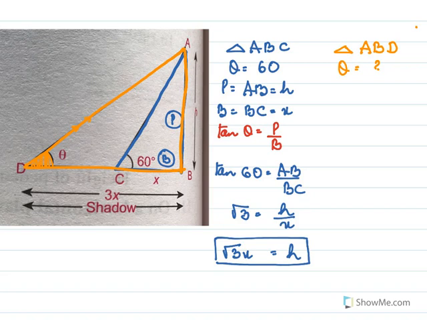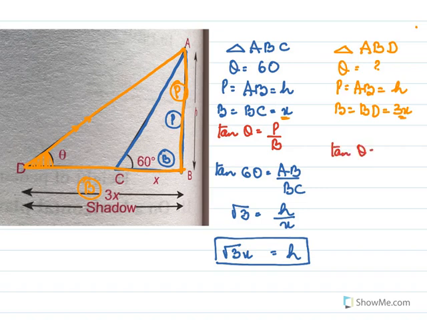Here the perpendicular is the same. This is the perpendicular, and here is the base. So the perpendicular is AB, which is H, and the base is BD, which is 3x. And why 3x? Because they said the shadow was 3 times longer. First the shadow was x, now the shadow is 3x.